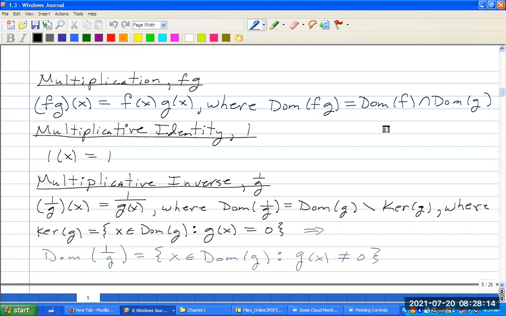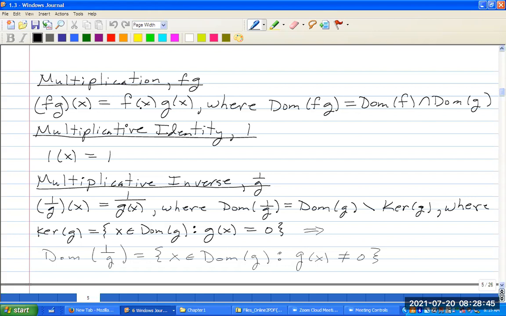And of course, this makes sense, just like before. Where could you define the multiplication of two functions? Well, you can only multiply two functions together where they're both defined. Obviously, if f is not defined at a particular point, then you can't plug in x for f.